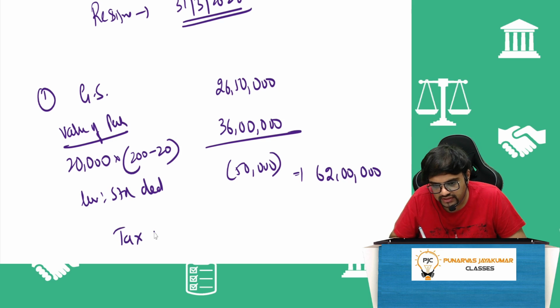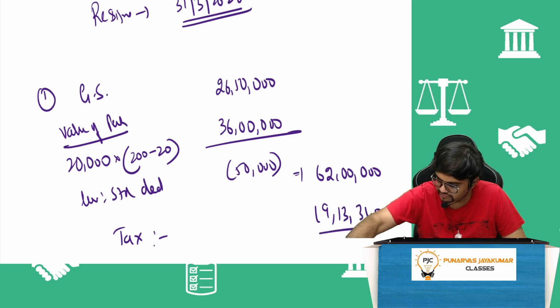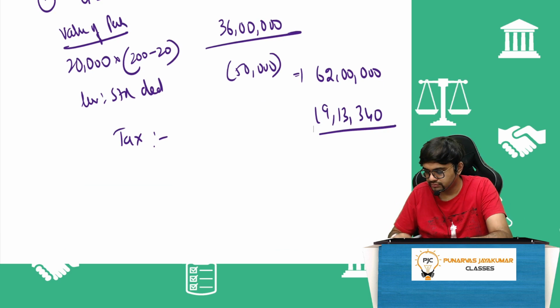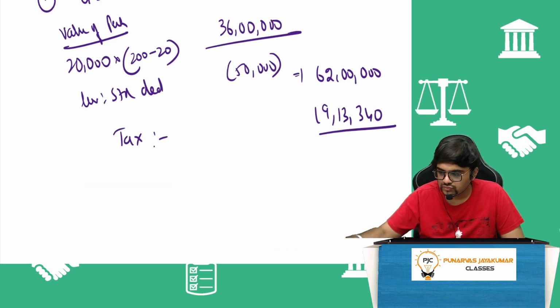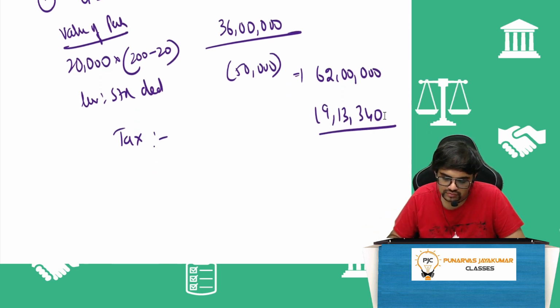Tax on this entire thing. Normal provisions, if you do tax, 19 lakh 13,340 will come. Overall tax, this will come. So I need to figure out what part of it is to be deferred.